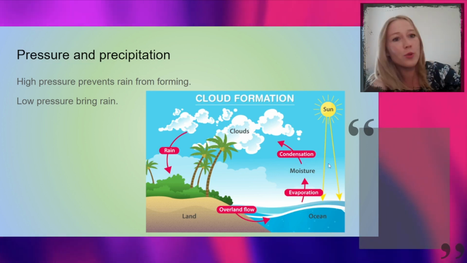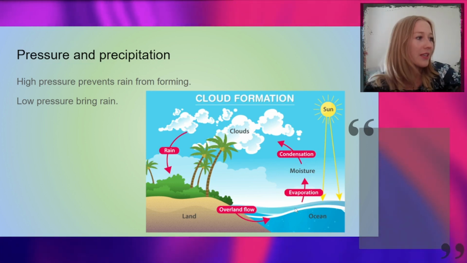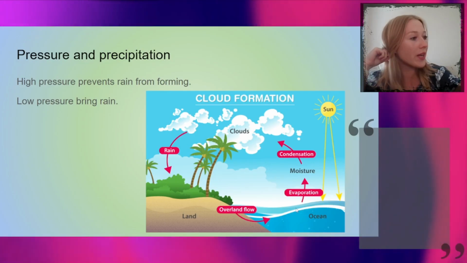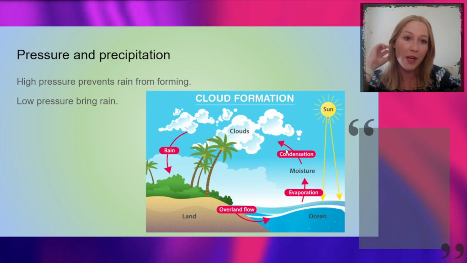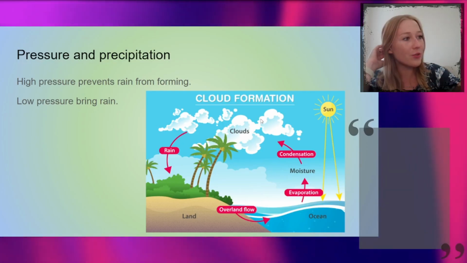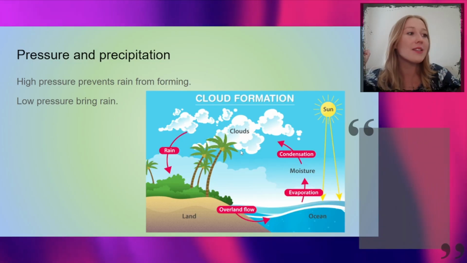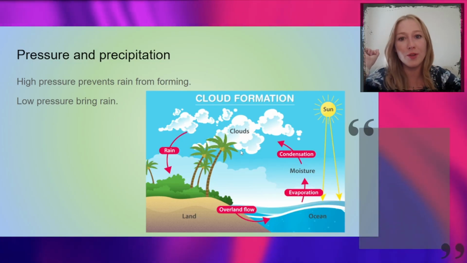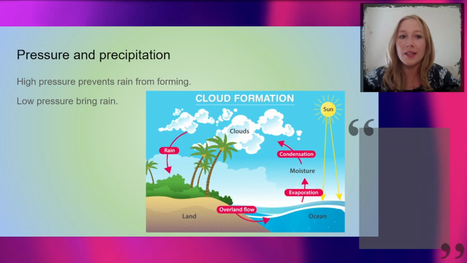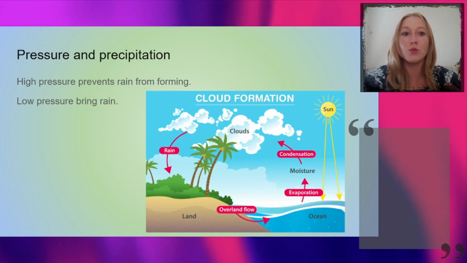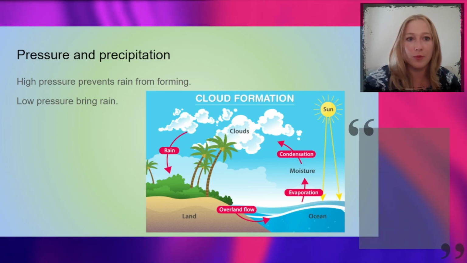But one of the most important things that happens over here is the air rising. So we have to have the evaporation and we have to have that warm air rising with the moisture. And as it rises, it will cool and condense to form clouds. That is then where your precipitation comes from. It's not always just heating that causes the rising, but the air has to rise for some type of precipitation.